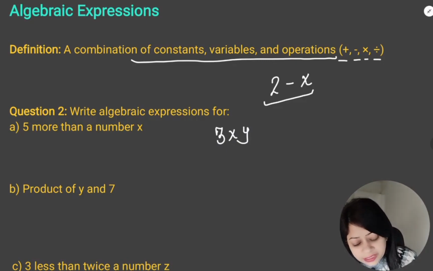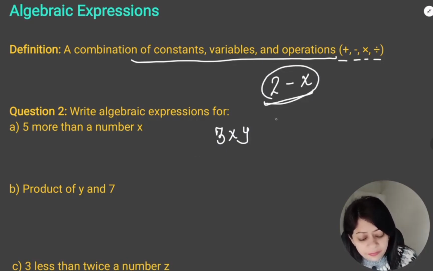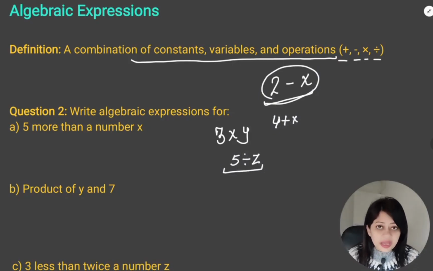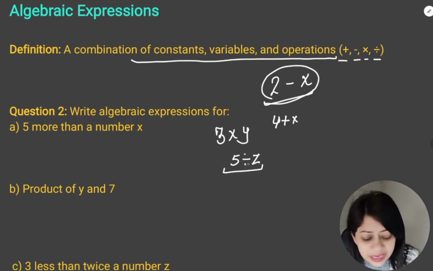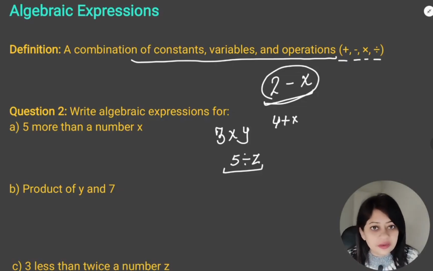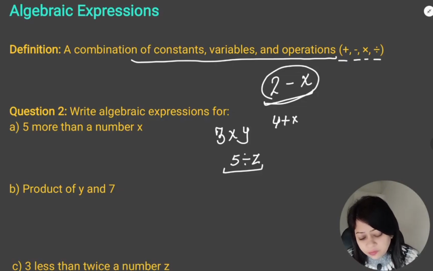So structures like 2 minus x, 4 plus x, 5 divided by z, where I combine constants, variables and operations, are known as algebraic expressions.